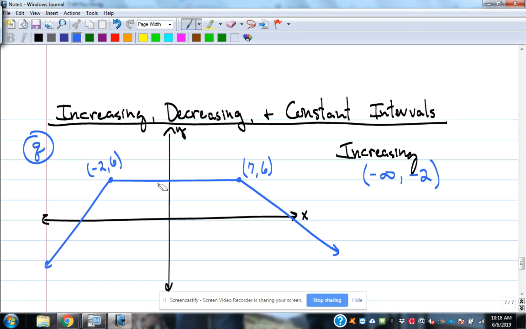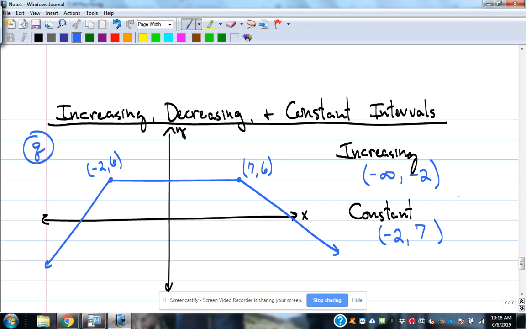Is it getting higher or lower? Staying constant. That's the constant interval. Okay. So we have a constant interval starting at -2 and going to the x value where the constant interval stops, which would be 7.